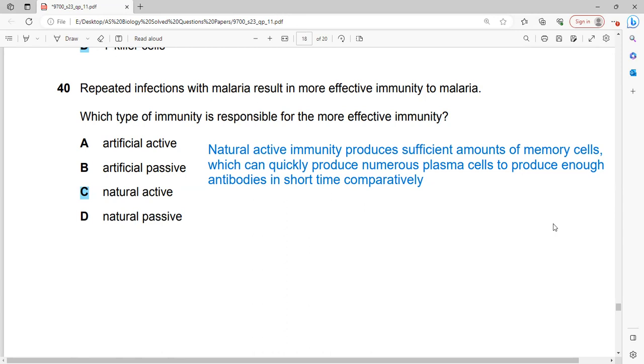Artificial active immunity also plays its role, but the number of memory cells is comparatively less. Artificial passive immunity is temporary, and natural passive immunity is also temporary, while the long lasting, permanent, and more efficient immunity is natural active immunity.